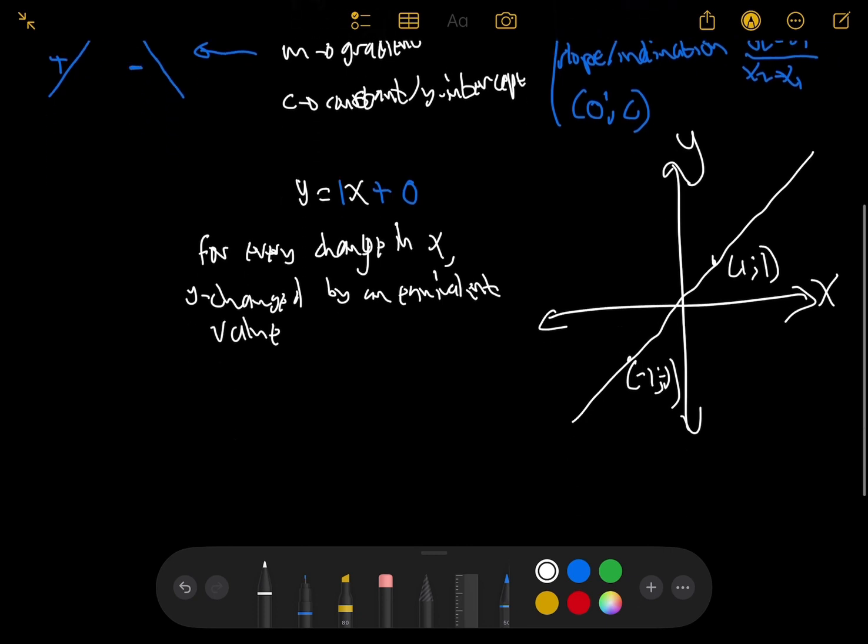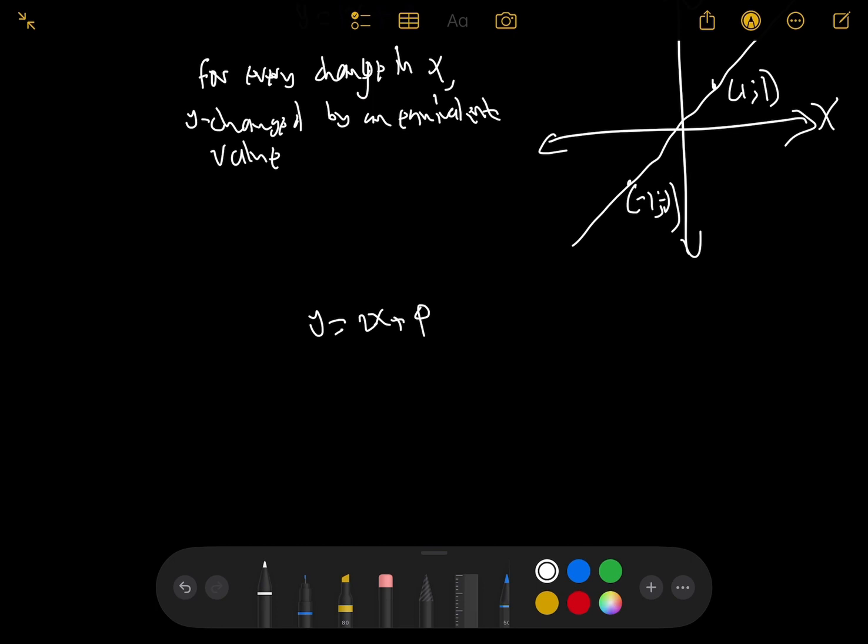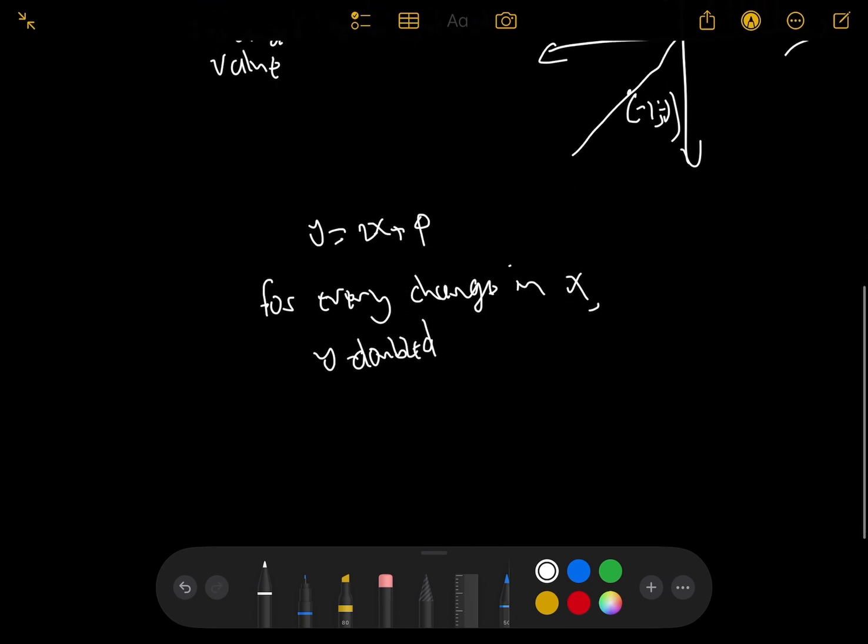Then we'd also have something like y equals 2x plus 4, which meant that for every change in x, y doubled. The gradient is 2 in this case, and our constant was 4.